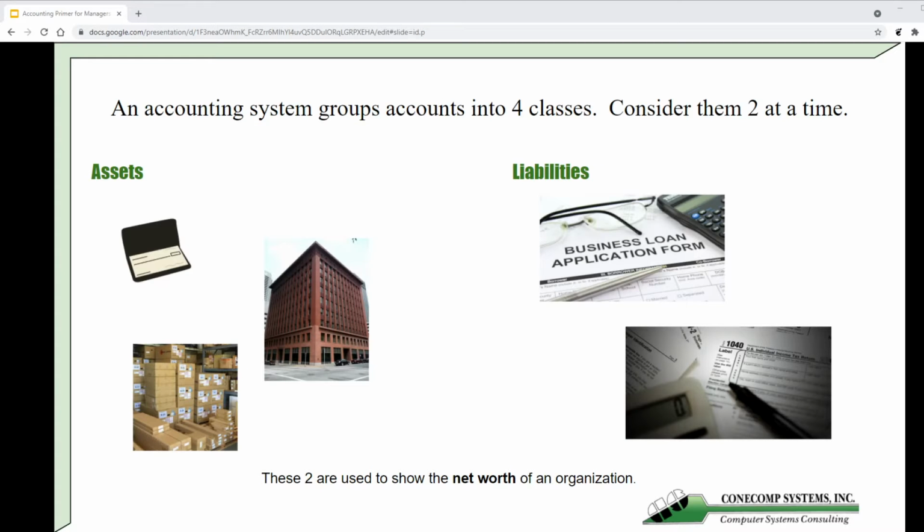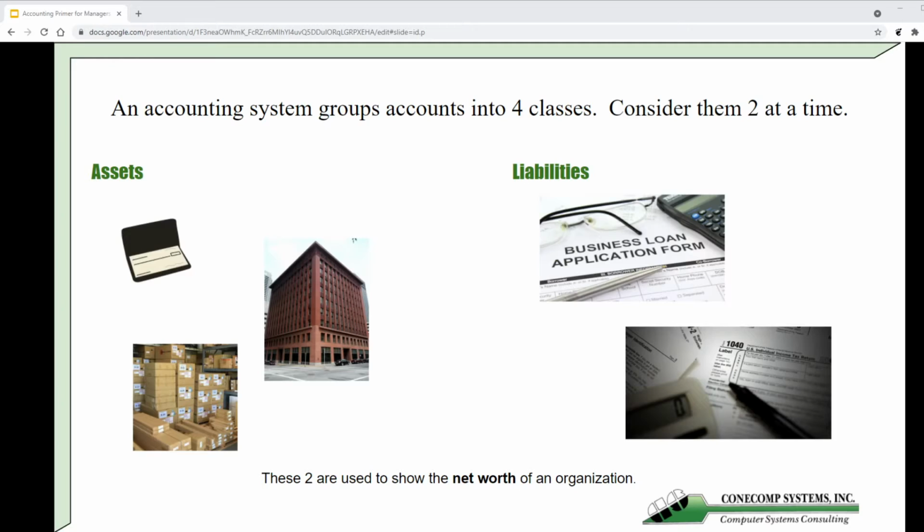In an accounting system, accounts are grouped into 4 classes, and we're going to consider these 4 taken 2 at a time. You'll find out that accounts in a business accounting system are basically the same thing as you would consider them in your personal lives. For example, the first 2 classes are assets and liabilities.